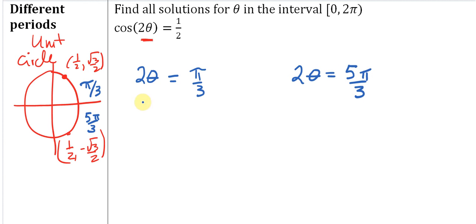But remember we're solving for theta, not 2 theta. So we divide both sides by 2, and we get that theta is equal to pi over 6, and theta is equal to 5 pi over 6. Now, you would think that these are the only 2 answers, but that would be incorrect, and let me show you why.